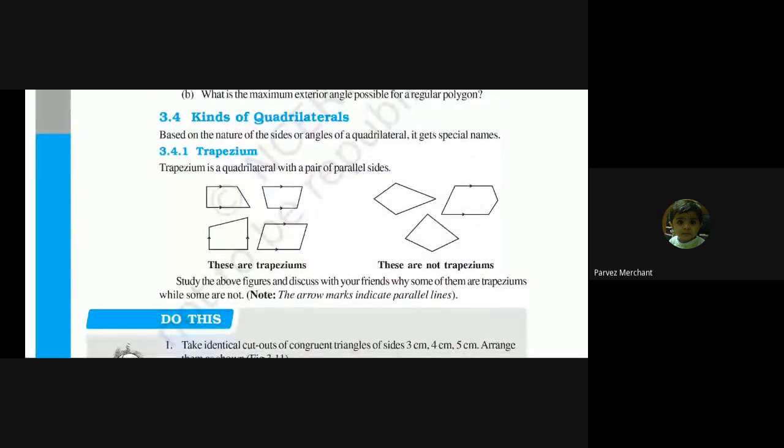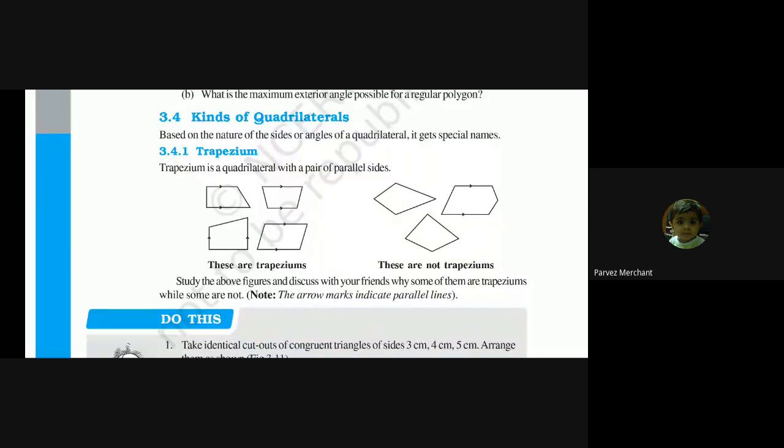Now tell me, what is the meaning of a trapezium? Just tell me, how can we define a trapezium? It has a pair of parallel sides. One pair or two pairs? One pair. Exactly. Please listen.